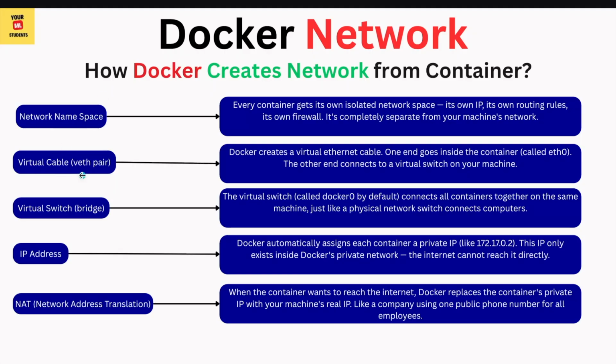Then the virtual cable, or a VETH peer. Docker creates a virtual Ethernet cable. Again, it is not a physical cable, it is a virtual Ethernet cable. One end goes inside the container, called eth0, and the other end connects to a virtual switch on your machine.